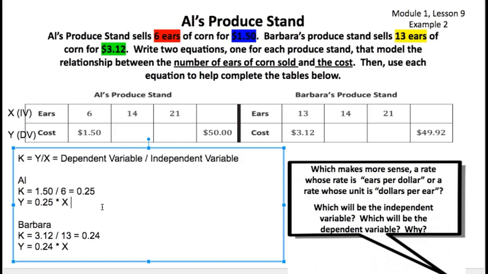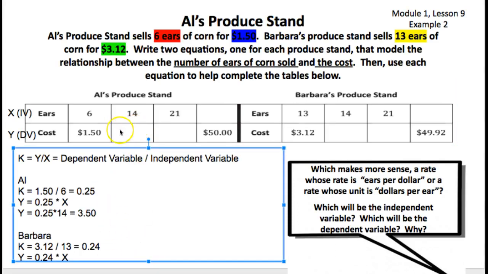Now we can fill in our table. Y is equal to 0.25 times 14, which gives us 3.50. So for 14, we have 3.50.